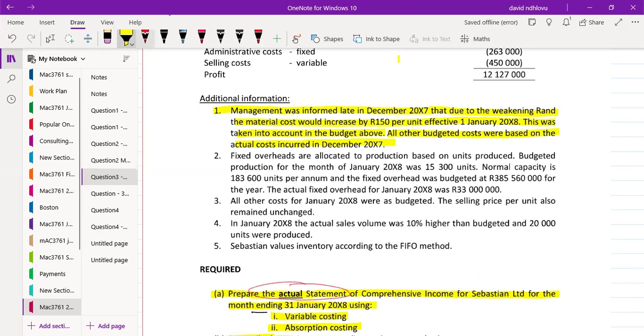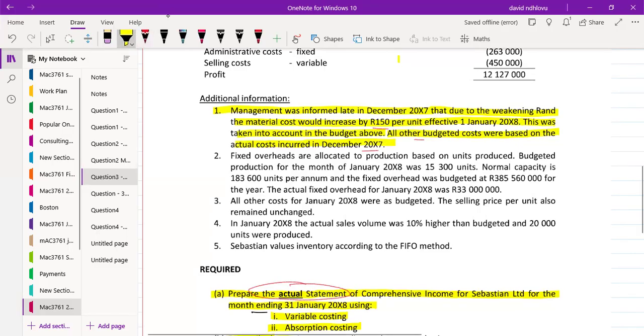So we are being given that the budget was based on the actual figures of December, which means the December figures were not expected to change, except for material, which has already been adjusted to the expected or projected figure in January.